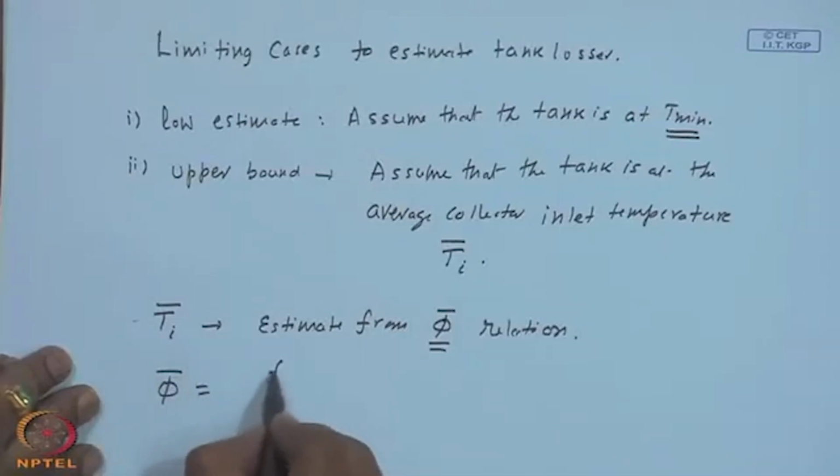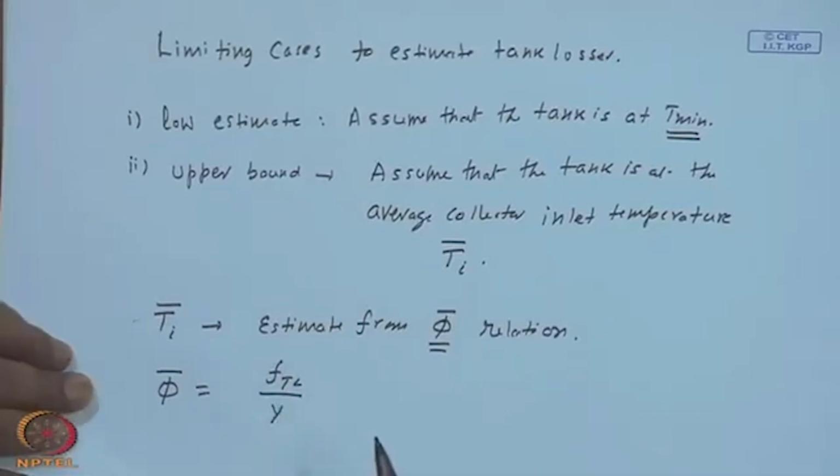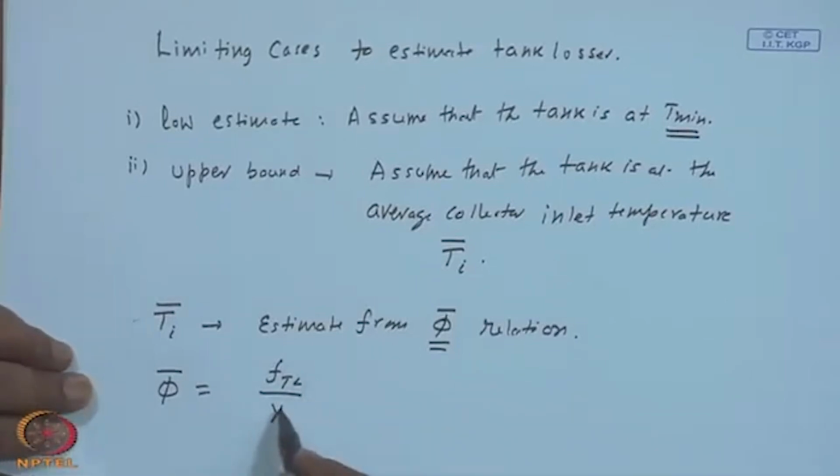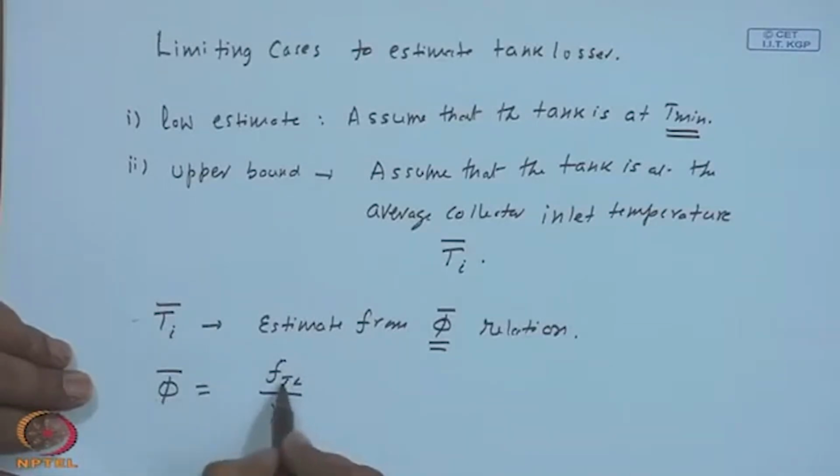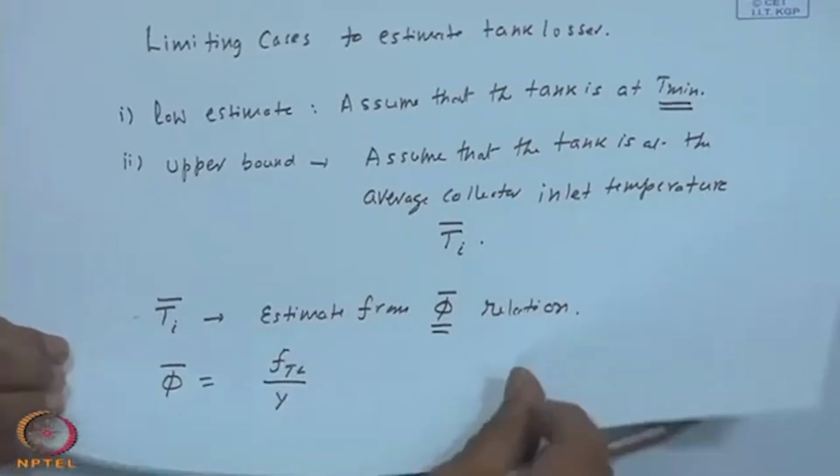It is essentially F T L upon phi. In other words, if Y is the non-dimensional absorbed energy and F T L is the load fraction that includes the tank losses, then that corresponds to some phi bar Y equal to F T L. As I was telling, phi bar max into Y is the maximum solar load fraction. So, some average utilizability multiplied by Y should be my solar load fraction with the tank losses.